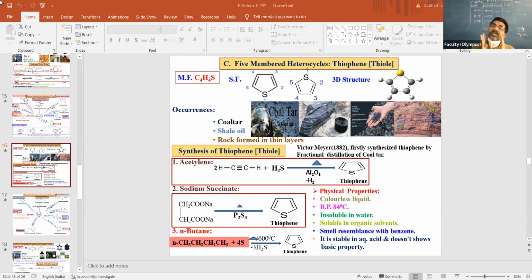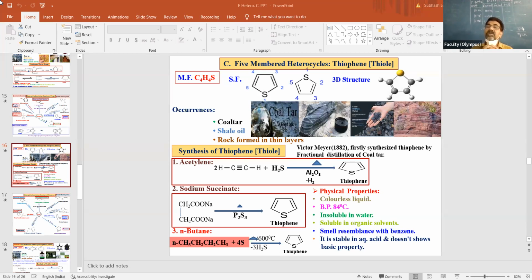Later on, the synthetic methods: how you can synthesize it. There are 3 methods as per your syllabus. First, you synthesize thiophene from acetylene molecules. 2 moles of acetylene are passed with H2S gas in the presence of alumina, Al2O3. We obtain a 5-membered heterocyclic compound containing 4 carbon atoms, 4 hydrogen atoms, and a sulfur atom, as shown in the structure.